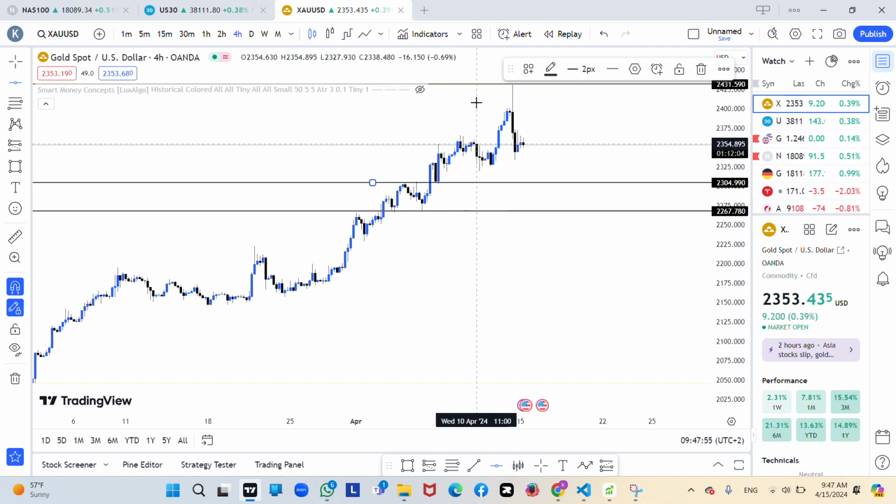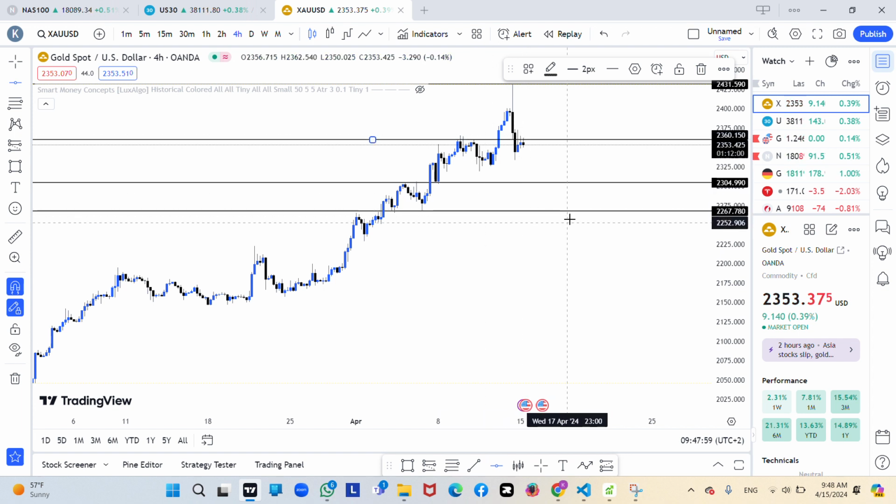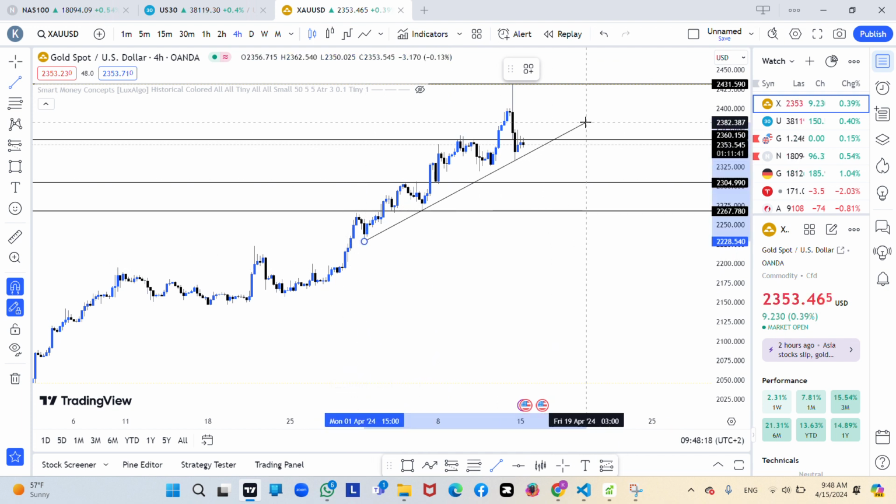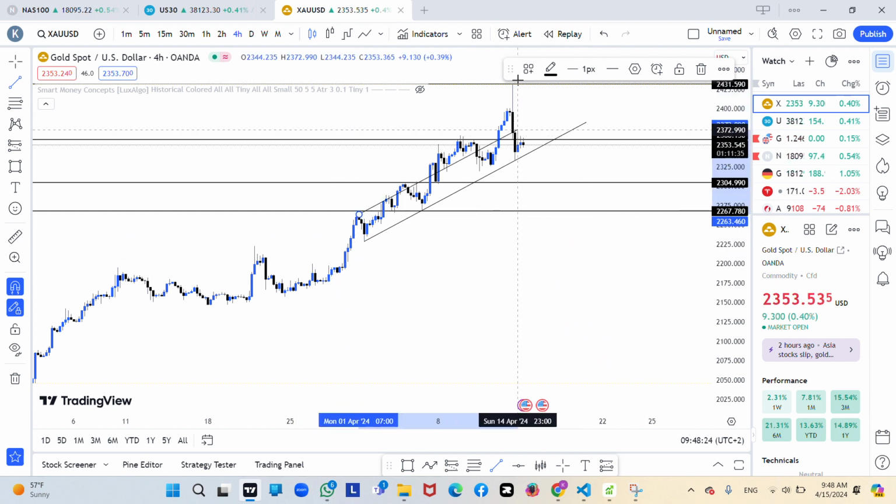Just identify those zones, guys, and we can see that price has been bullish, gold has been bullish. So let's try to identify our trend line. We are on an uptrend, and that's our touch, guys.